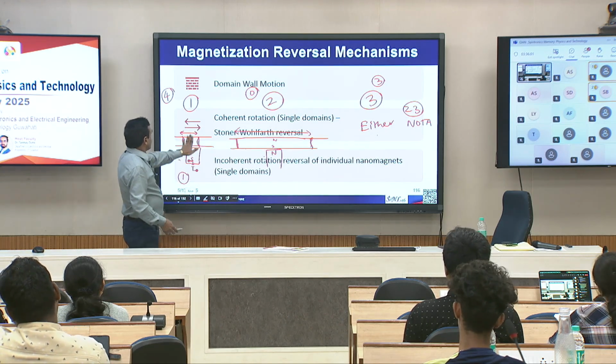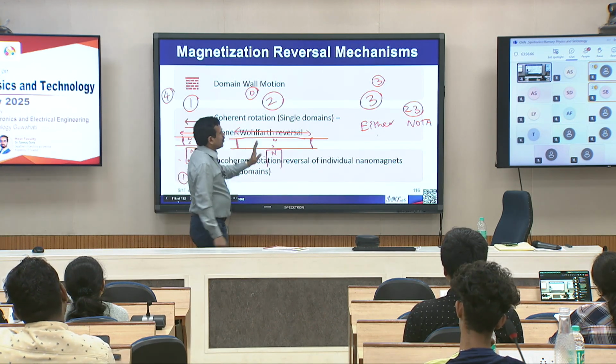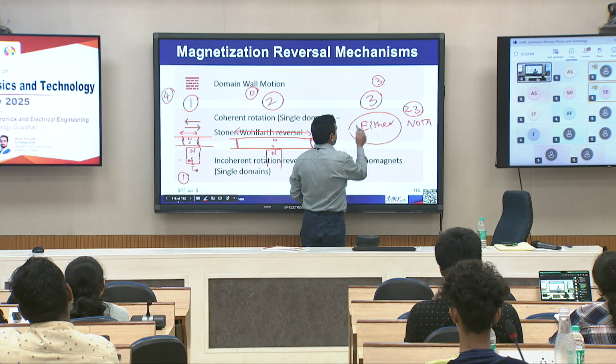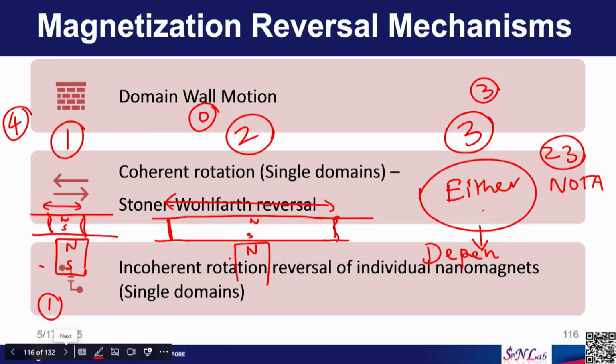So, when you bring a magnet next to a magnetic material, this can happen, this can also happen. Either can happen. It depends on the state of your magnetic material. We learnt about single domains.